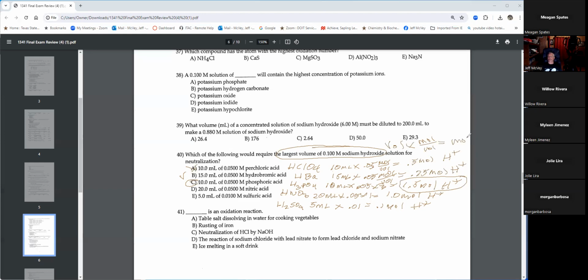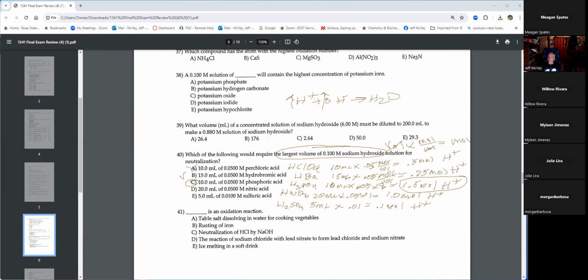That gives you moles because the volumes will cancel. And if H plus plus OH minus makes H2O, however many moles you've got of this will require the same number of moles of hydroxide. Make sense?